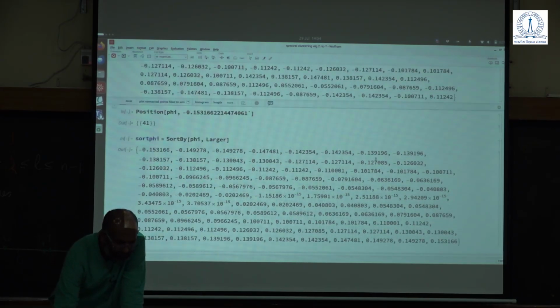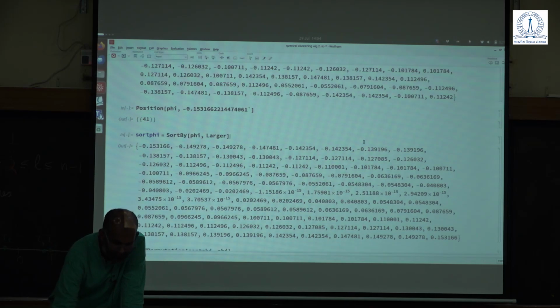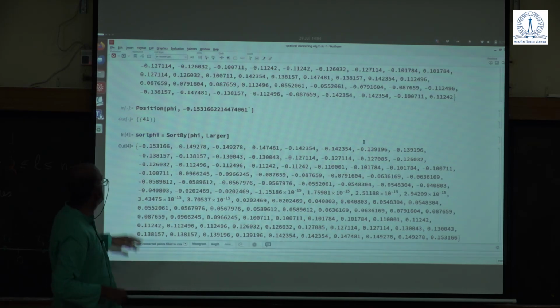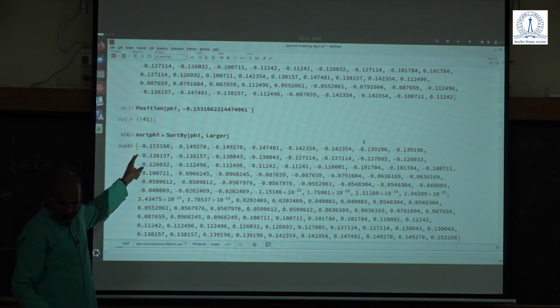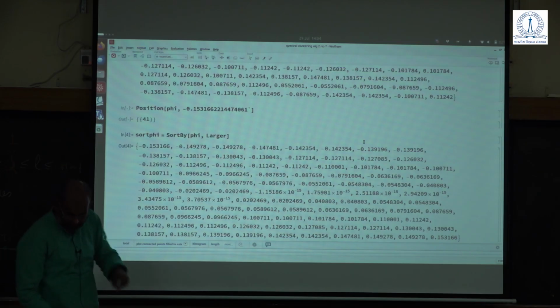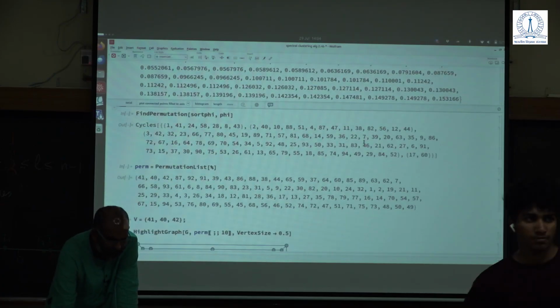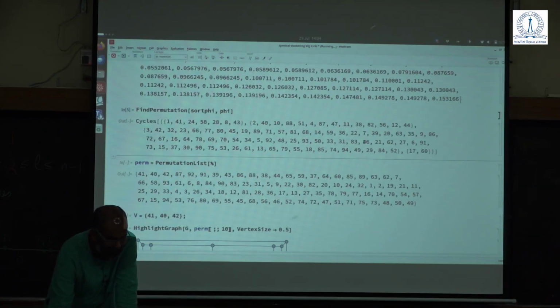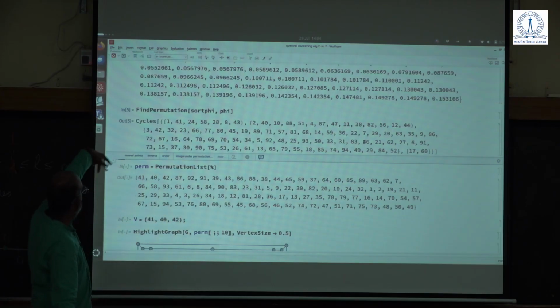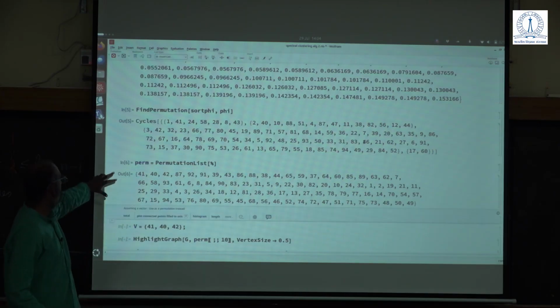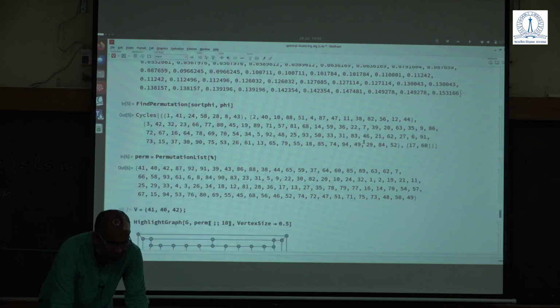And what I do is, this sort phi just sorts this in increasing order, and then I find the permutation which converts phi to sort phi, and then I return this permutation, and then I'm looking at the graph.